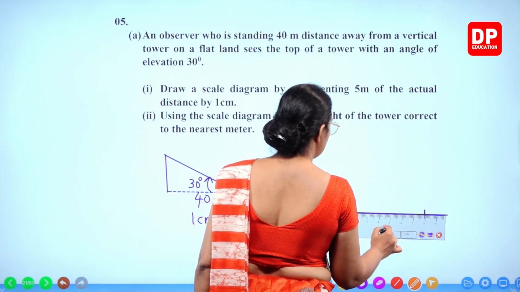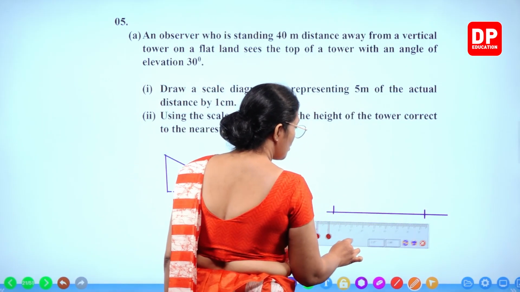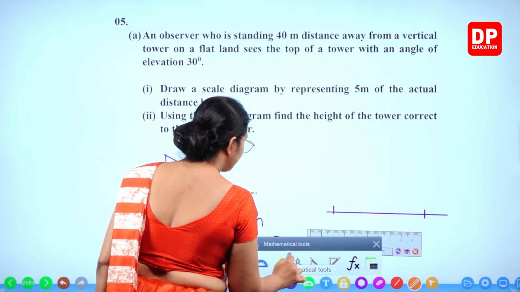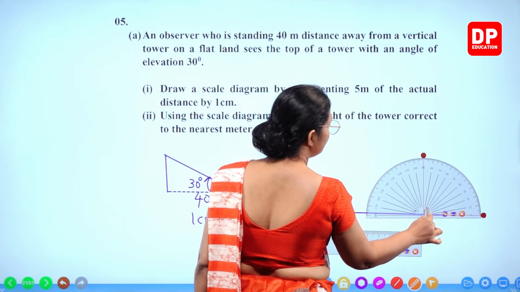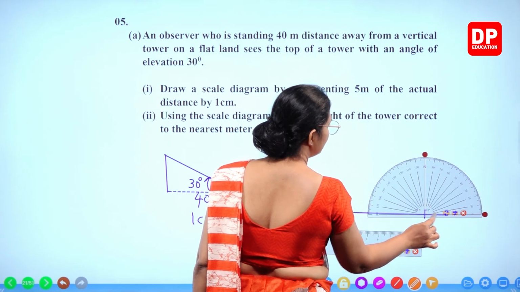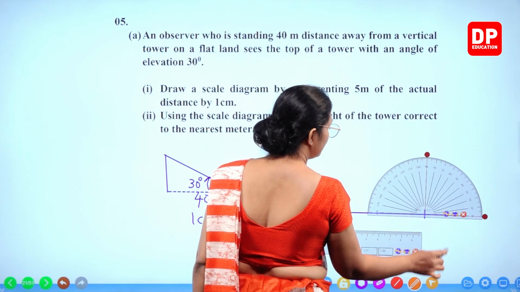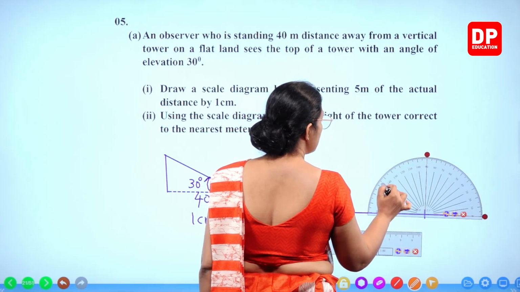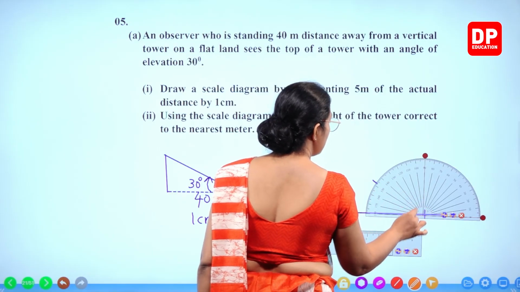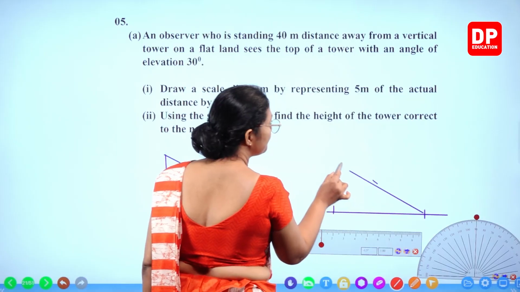Here to here, 8 centimeter length, and then you have to take the protractor and measure a 30 degree angle from here. (10, 20, 30), and then you can draw the line here.